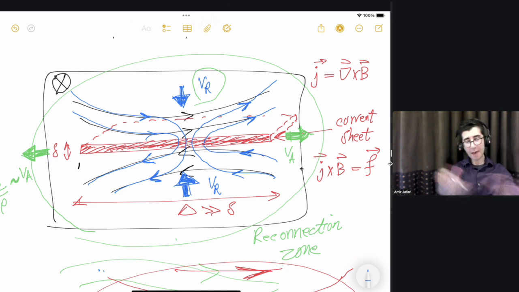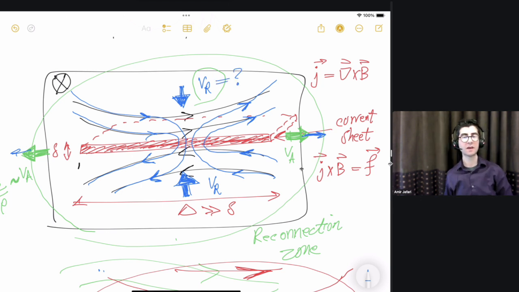So when this happens, this disconnection and reconnection of field lines, hence the name reconnection, you have this ejection of plasma from both sides. And the problem is estimating this reconnection speed, okay? This is one problem. Now, how can we solve that?